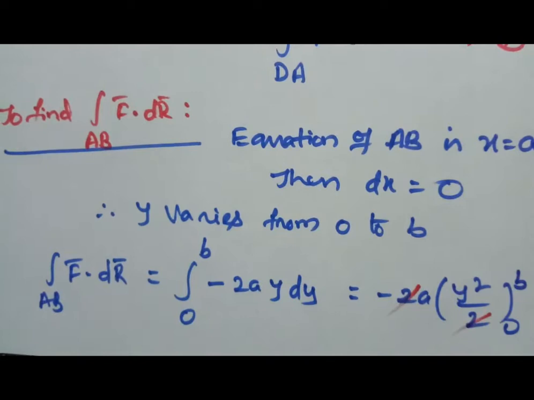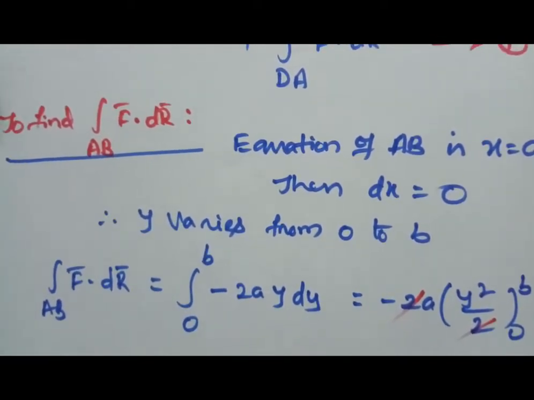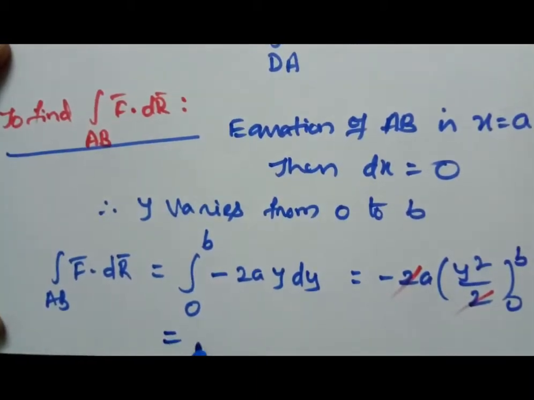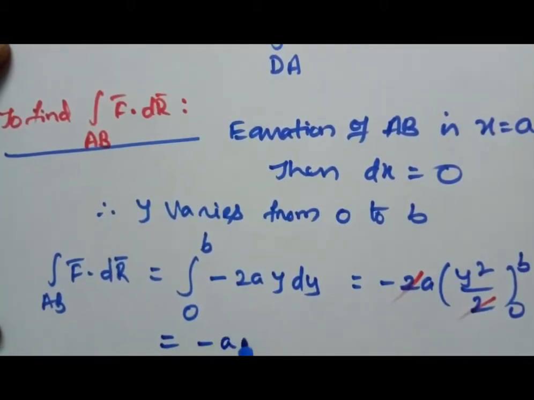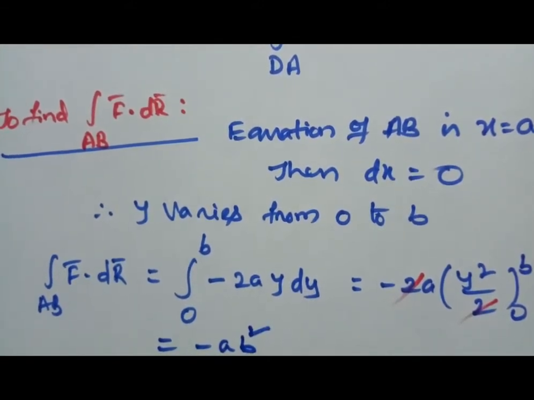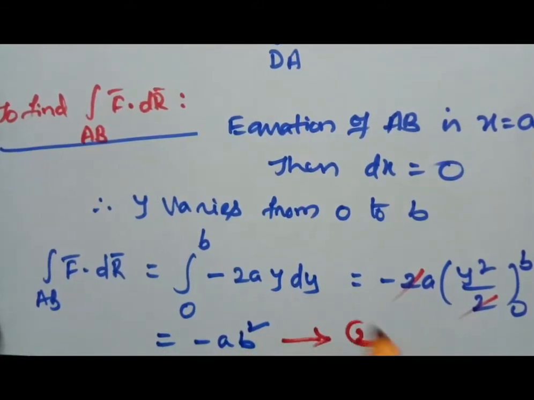Therefore upper limit b square minus lower limit 0. This is equal to minus a b square. Say this is equation number 2.